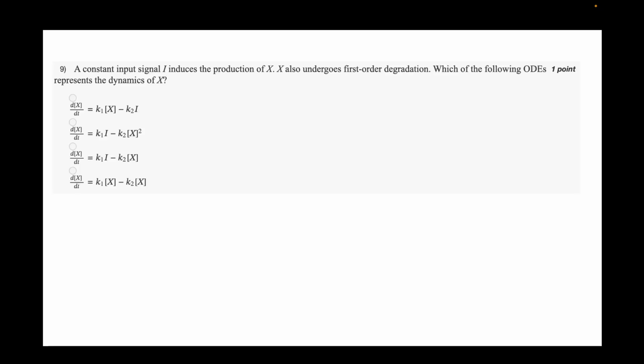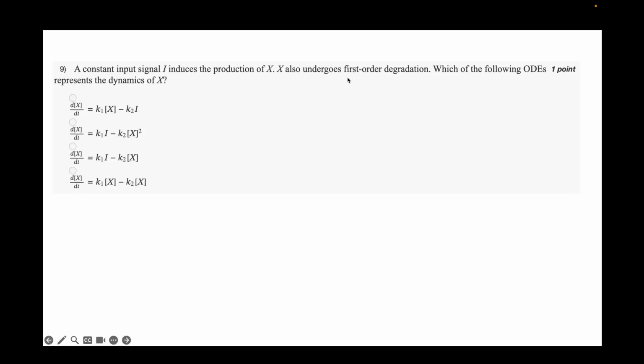Option D, last option. You have to remember that I is involved in the production of X. So a constant input signal I induces the production of X. Option D does not have I in it, so it is definitely not the answer. You have to keep two things in mind: I should be involved in the production of X, and X undergoes first order degradation.